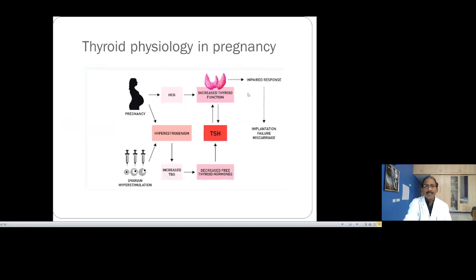and the HCG can stimulate the thyroid gland because of the homology, the structural similarity between TSH and HCG, and thereby it can secrete more T4 and also suppress the TSH. Also, hyperestrogenism can increase thyroid binding globulin, and thereby there are increased total hormones.